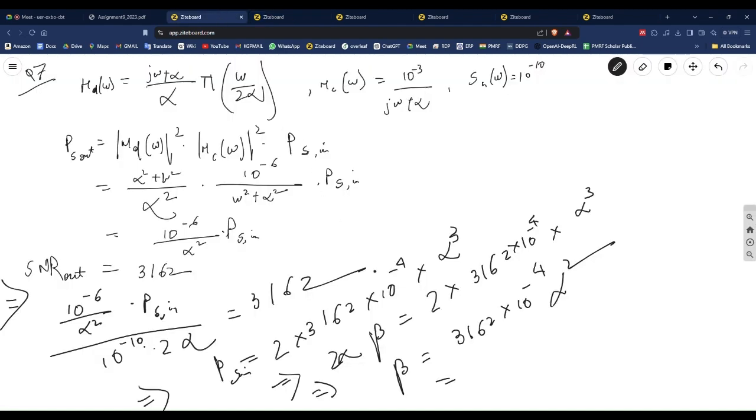So 3162 into 8000. So this works out to be, if alpha is 4000 pi, 1.99 into 10 to the power 12.